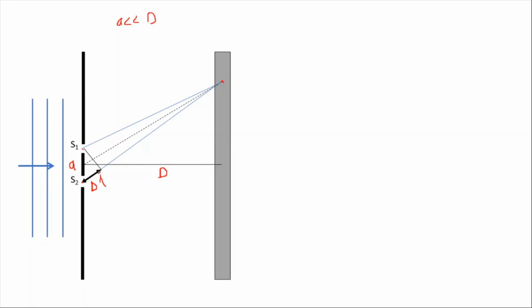Depending on the amount of the path difference, we are going to observe either a constructive interference, or a bright point here, or a destructive interference, or dark point. So if delta L is equal to an integer multiple of the wavelength of the light, we are going to see a constructive interference. CI is for constructive interference. In this case, m is equal to 0, 1, -1, 2, -2, and so on and so forth.